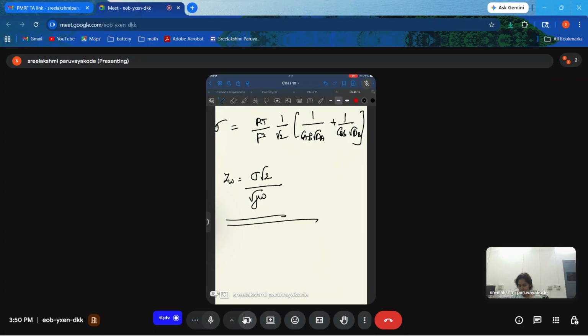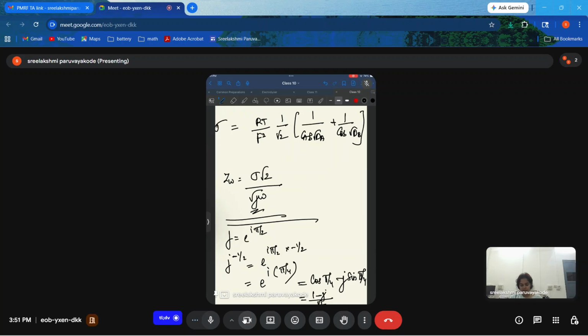Now I can further simplify it. How? I know J equal to e raised to the imaginary part. Now let's write J to the power minus 1 by 2 as it is here. What is it? e to the power j pi by 2 into minus 1 by 2, which is e to the power minus j pi by 4, right? Which is cos pi by 4 minus j sin pi by 4. What is cos pi by 4? 1 by root 2.